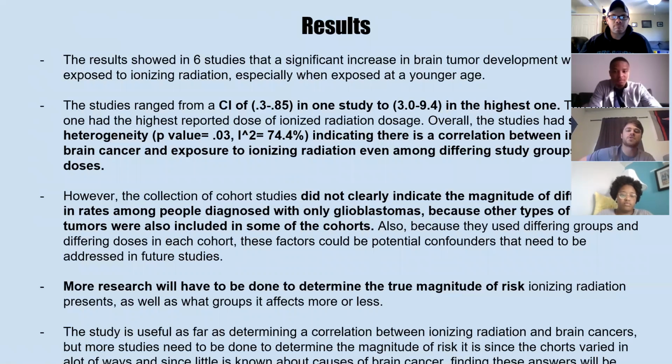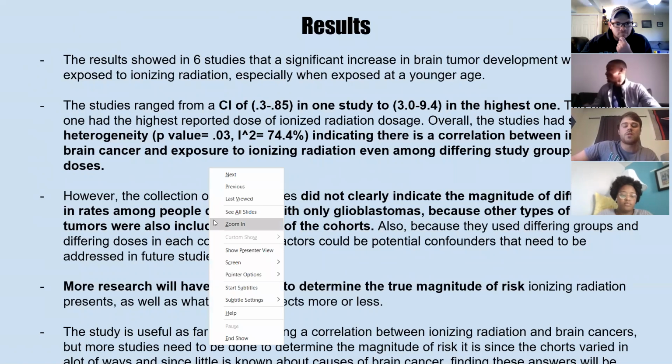So 6 of the studies showed a significant increase in brain tumor development when exposed to ionizing radiation, especially in younger ages. One of them, the first one right here, actually showed a decrease, and one of them showed an increase, but it wasn't significant.